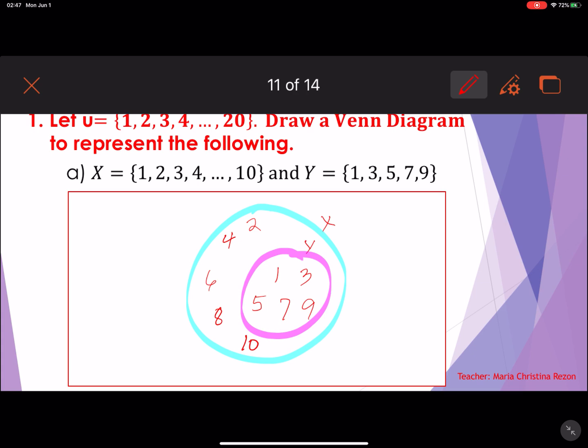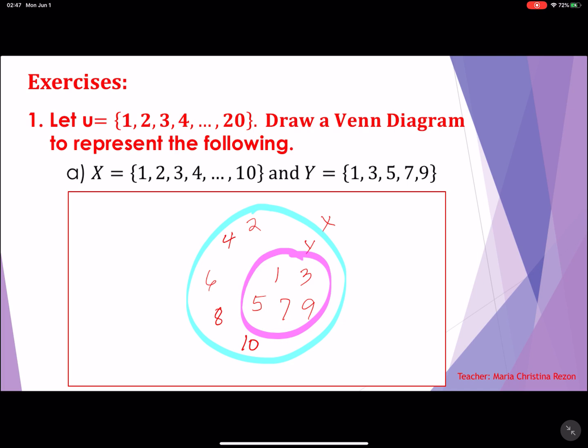Then, what is part of your universe that is not part of your sets, X and Y? So you have 11, 12, 13, 14, 15, 16, 17, 18, 19, and 20. So that is how your Venn diagram would look like.